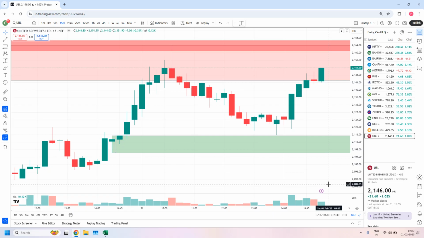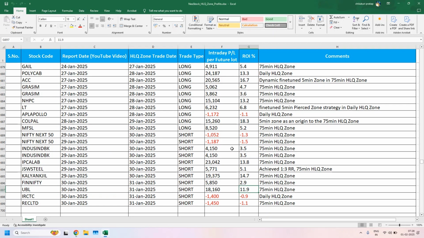Yesterday, majority of the trades, yesterday means Thursday, same lesson 22 concept. Even Wednesday, same lesson 22 concept trades. Even today, both the trades, same lesson 22 concept. And moreover, the majority of these trades have given very excellent ROIs.